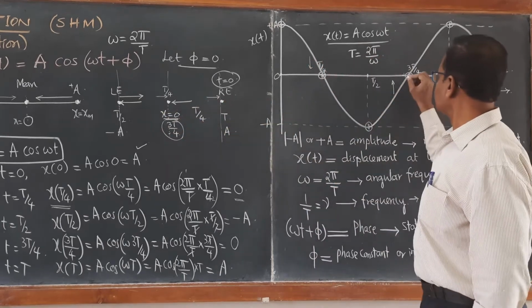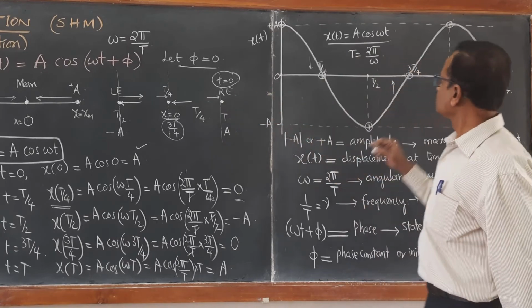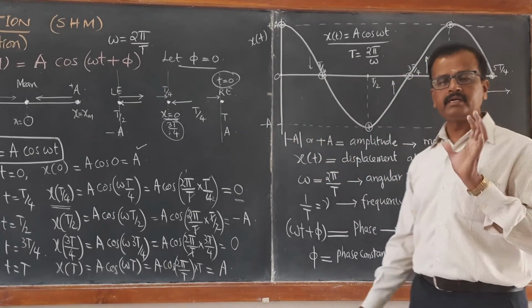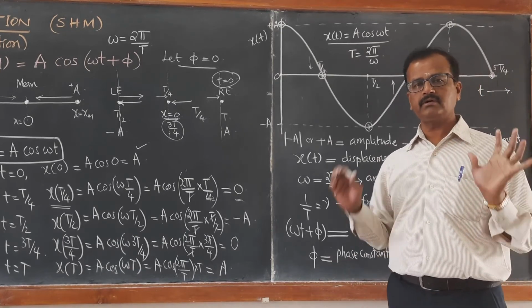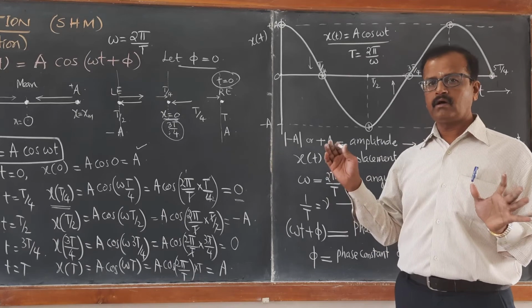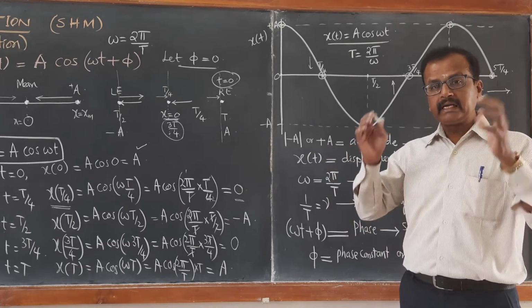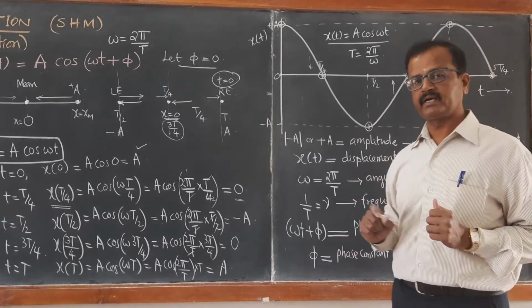It reaches 0 here, and after this it comes back to the initial position. This is how we represent the state of oscillation of a body undergoing simple harmonic motion at any given instant of time. That is the meaning of phase omega t plus phi.